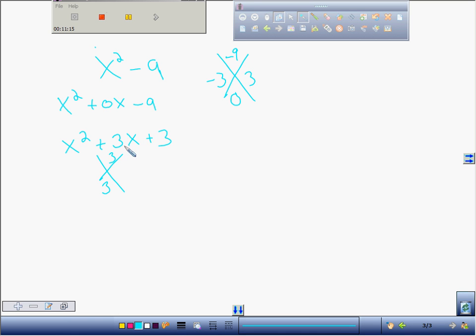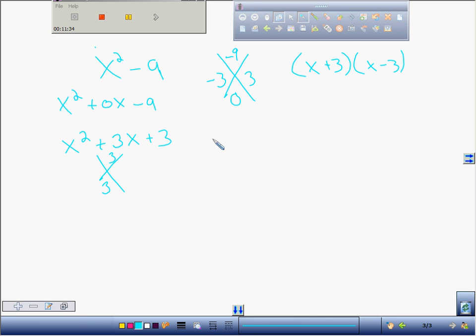Since there's nothing to put in between, I can multiply 0 by anything, and I get 0. So just to show you that there's a 0 there, okay? And so this factors to x plus 3 times x minus 3, okay?